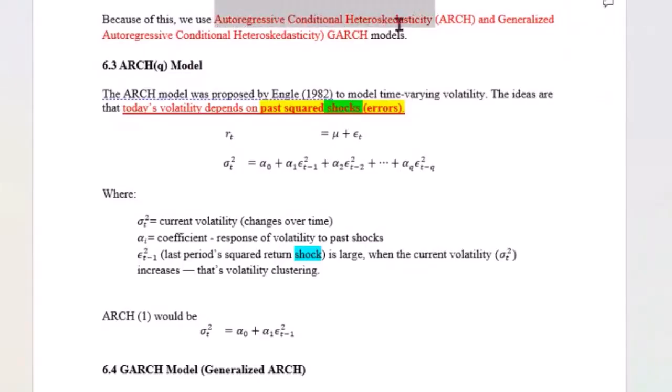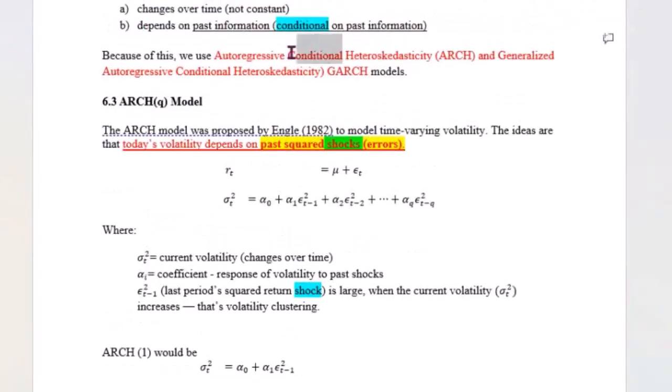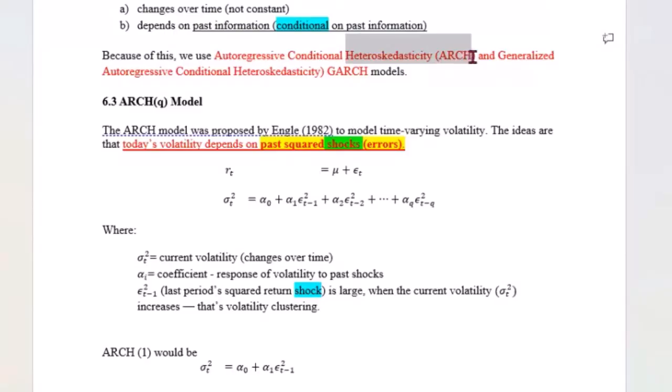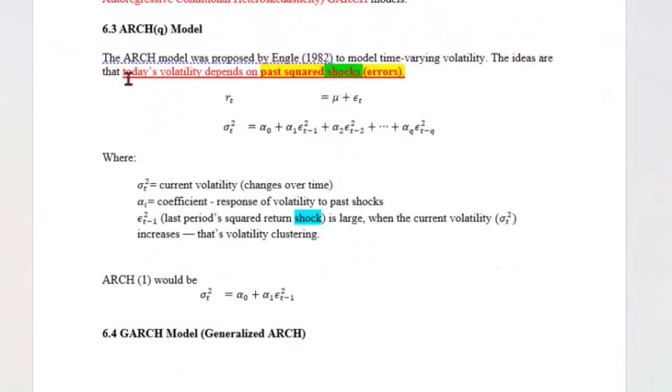And ARCH means autoregressive conditional heteroscedasticity. So you can see the word conditional here. The word conditional is already introduced, then autoregressive, and then heteroscedasticity. The combination of the three words is what you are calling the ARCH model.